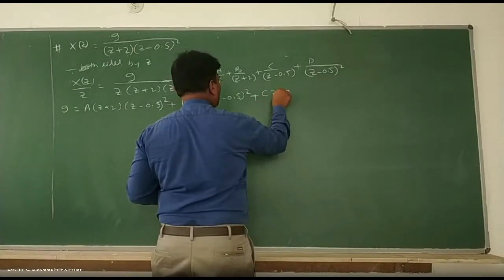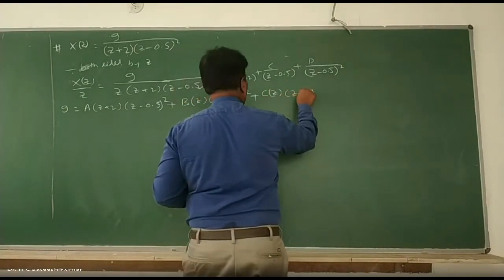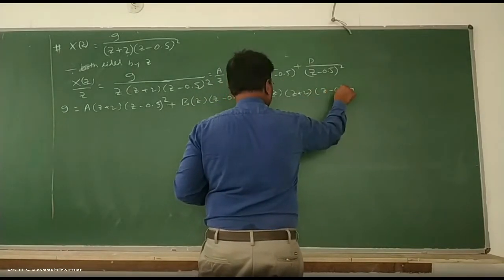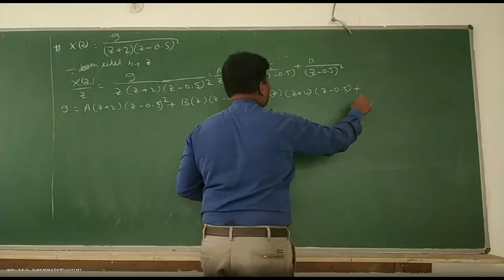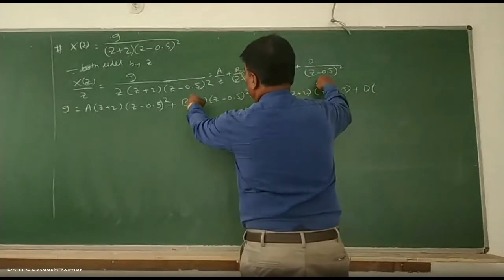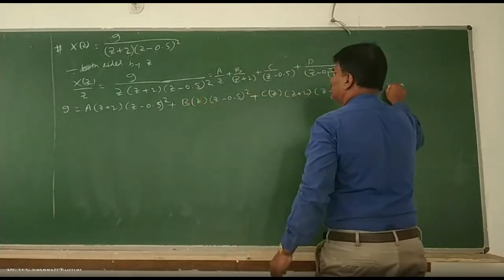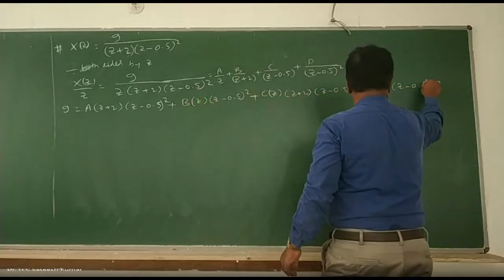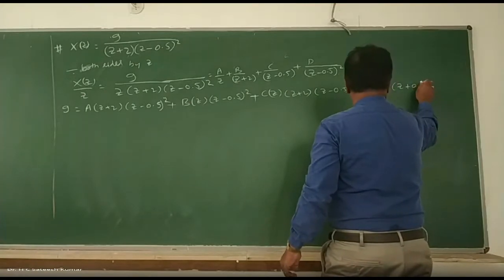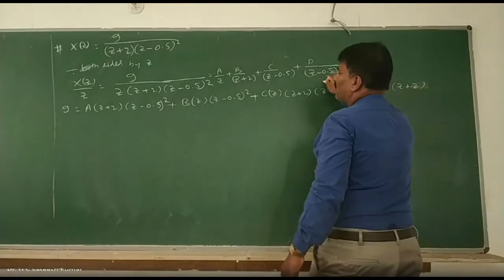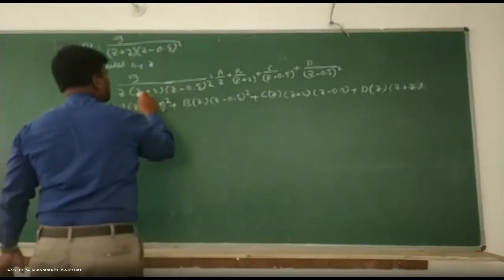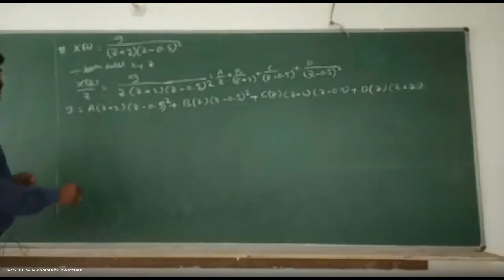If you divide it, what will you get? z into z plus 2 into z minus 0.5 gets cancelled, another z minus 0.5 is there, plus d into z minus 0.5 whole square, you divide it, what will you get? z into z plus 2. Put z is equal to 0.